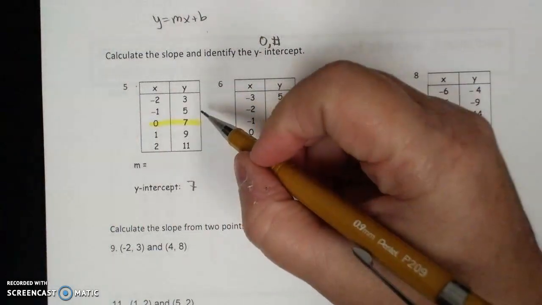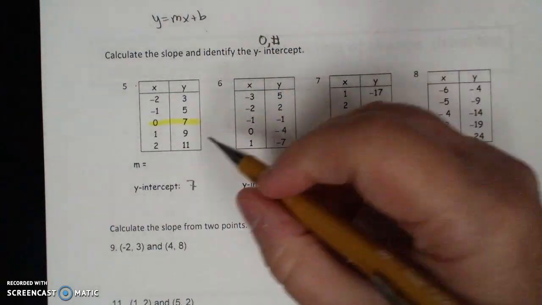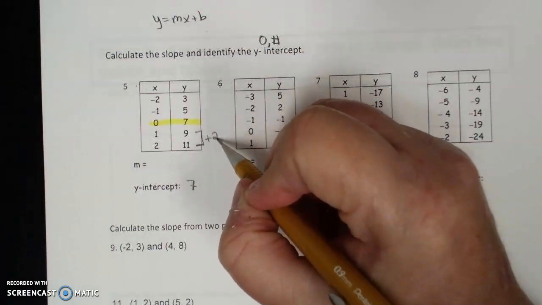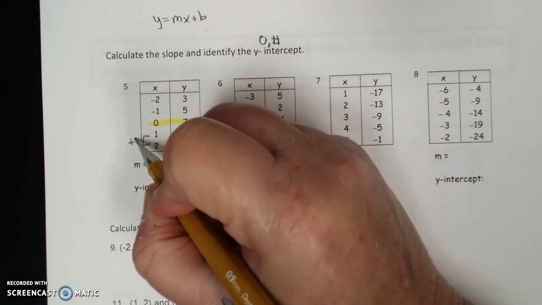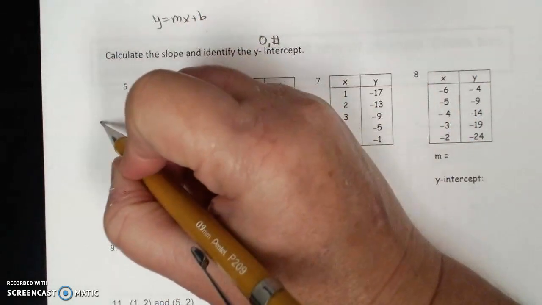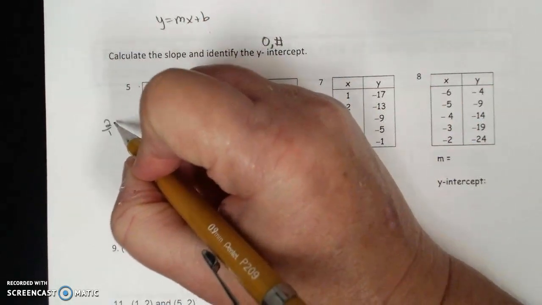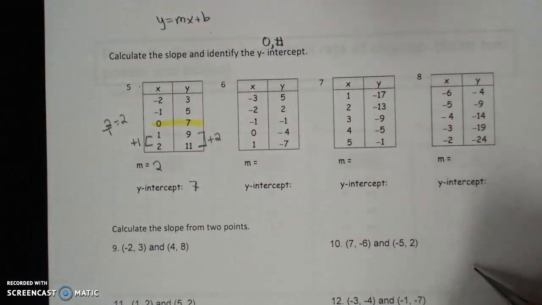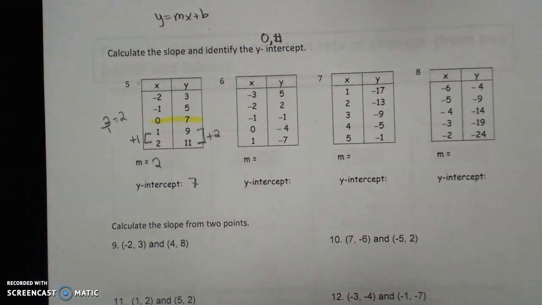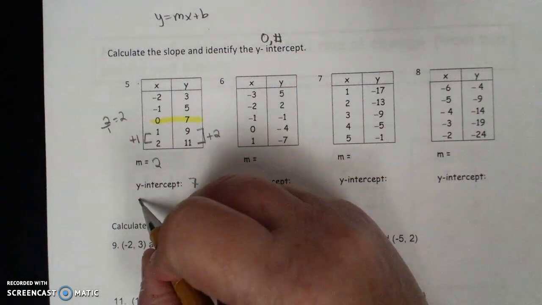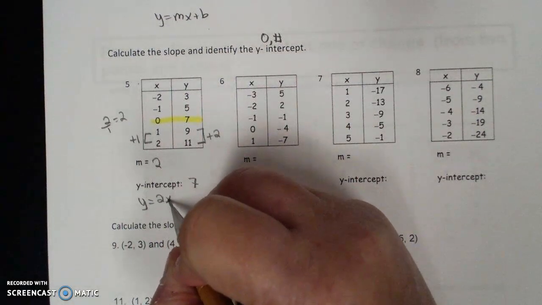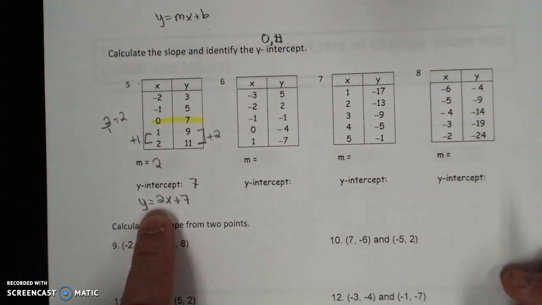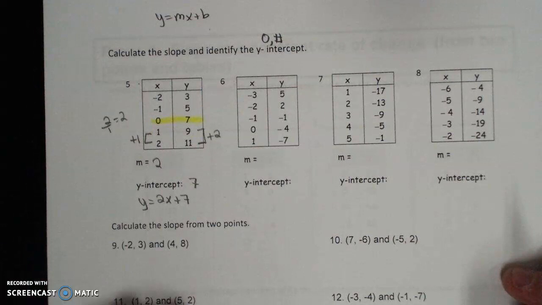Okay, so now I just have to do slope. And since all of these are going to be linear, you can go from here to here is add 2. From here to here is add 1. So slope is 2 over 1, which is 2. Now, I'm going to add one more step, and I'm going to say y equals 2x plus 7. That would be the equation for this table.